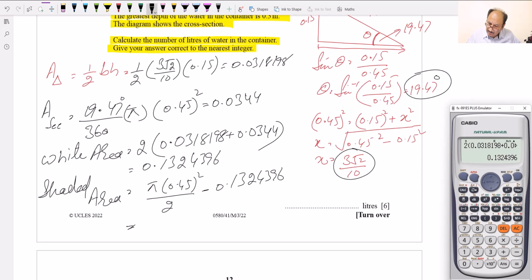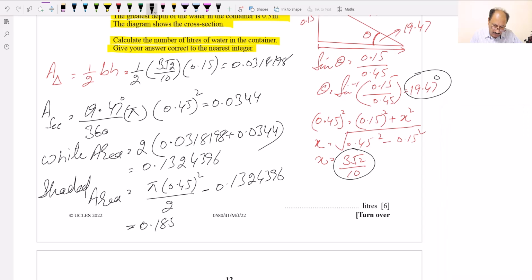So we can just type here, this will be pi into 0.45 square, divided by 2 and minus 0.1324396, and this will be equal to 0.1856.